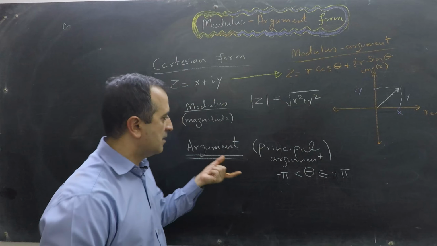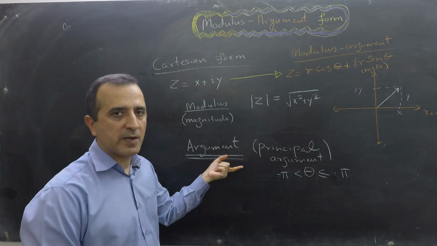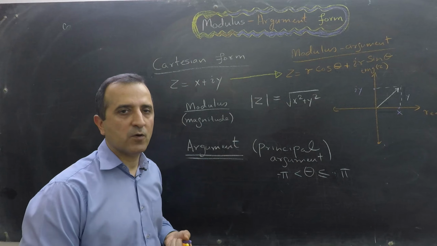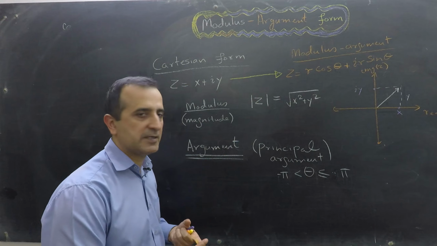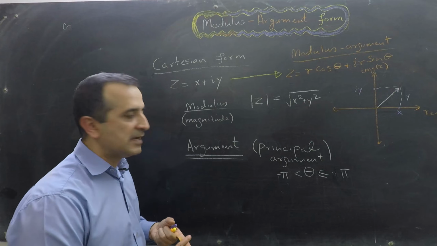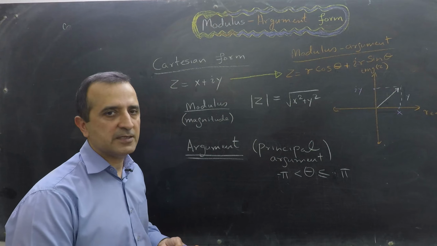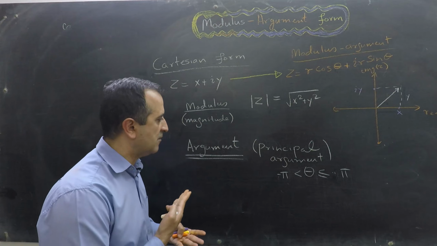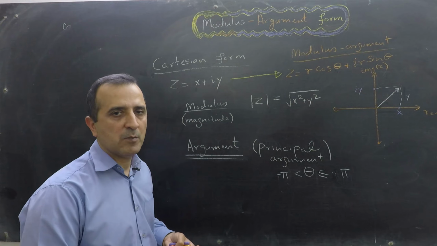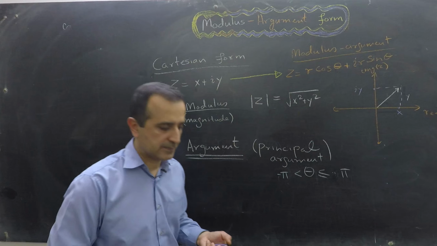Now, the definition of principal argument differs based upon which quadrant the position vector is in. So let's see the 4 different cases and get to know what the value of principal argument will be based upon different quadrants.